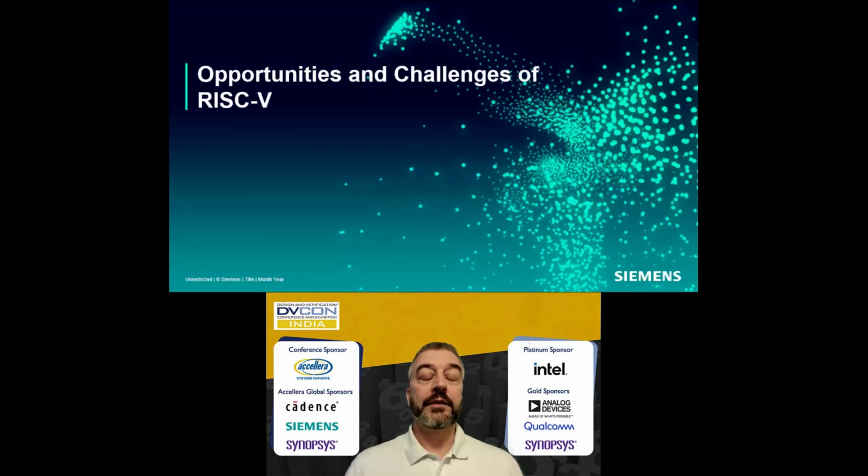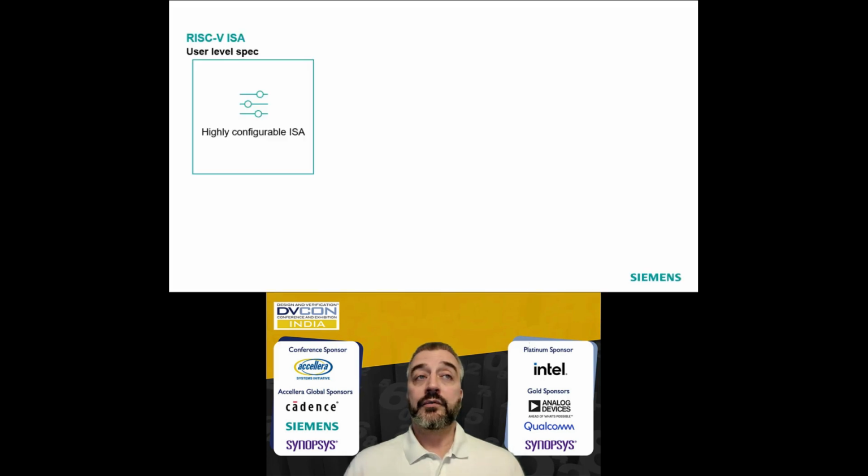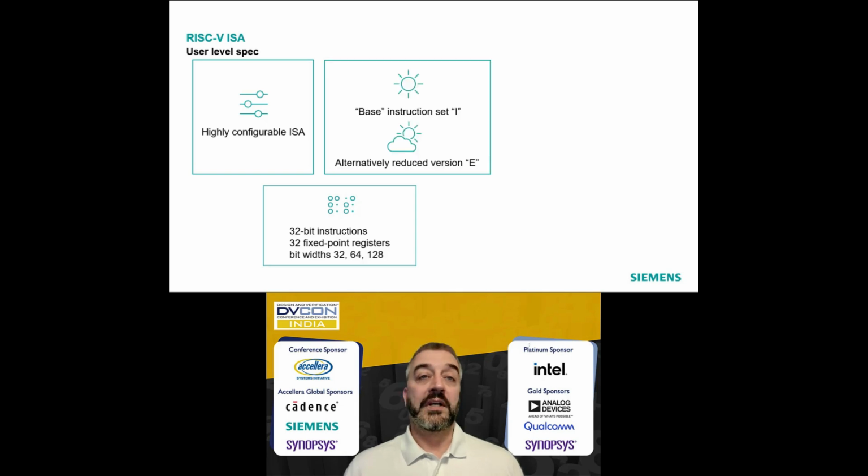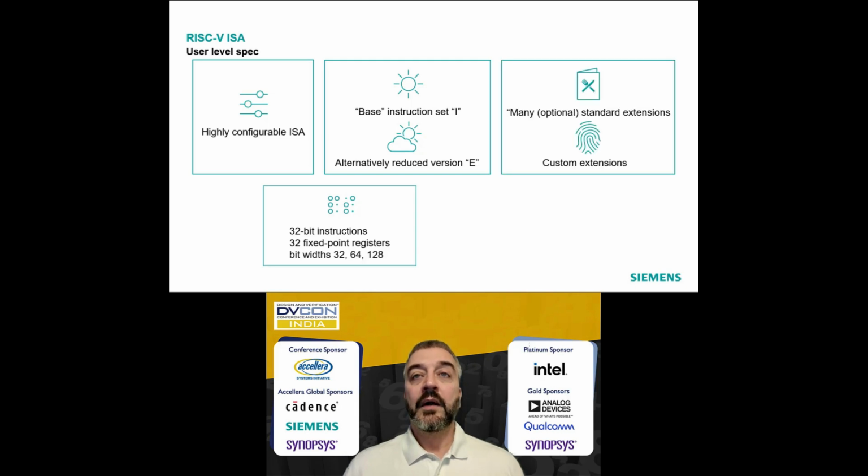So let's jump right into the RISC-V introduction, so to speak. RISC-V is an ISA that is highly configurable, with lots and lots of choices over the integer register bit width, or even the register number with the E base, and lots of standardized extensions, more and more coming on board, being close to ratification.